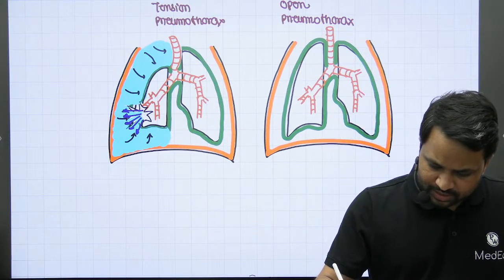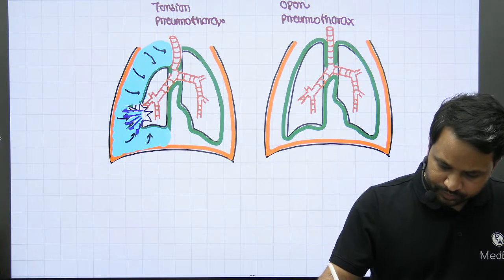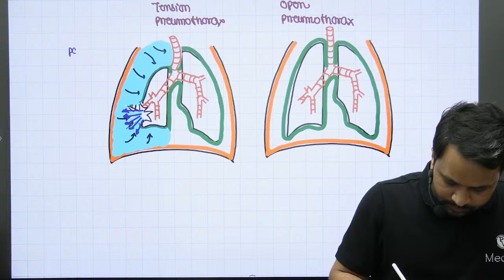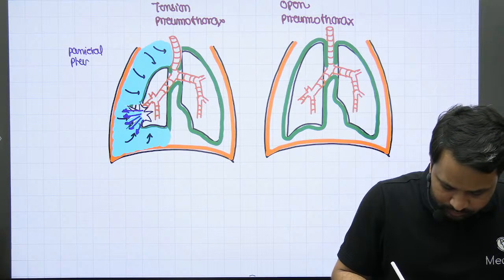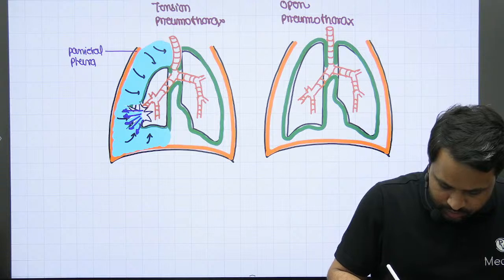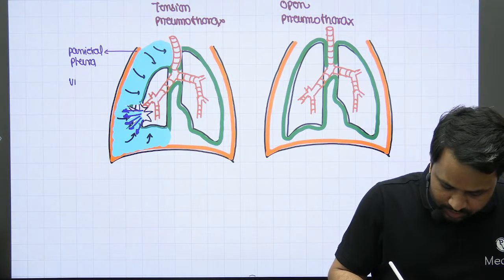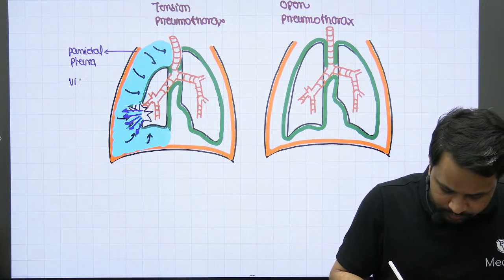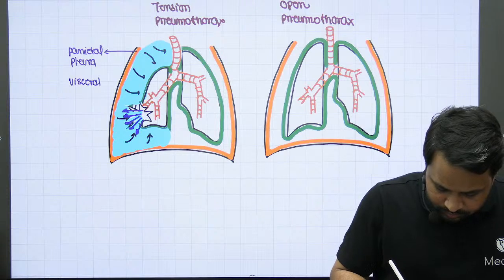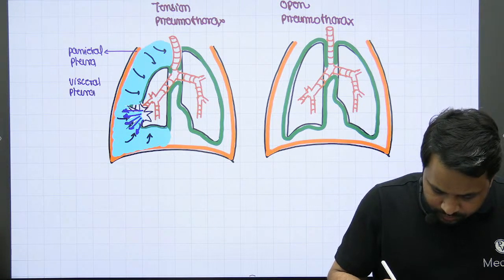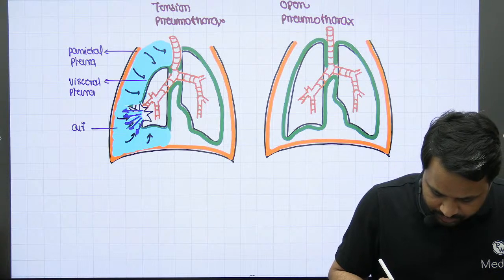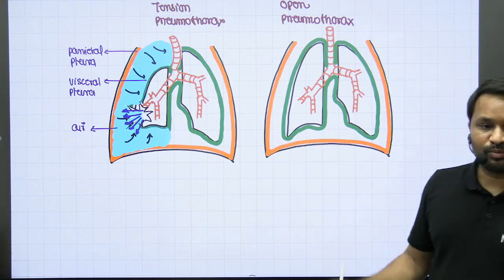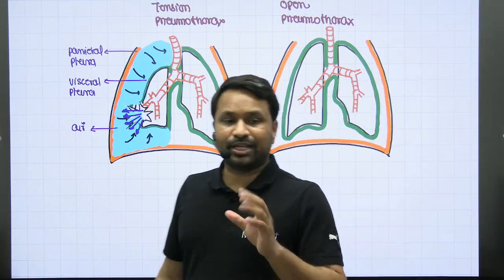Just for the sake of understanding, if I label it, this is your parietal pleura, the one I've given in orange. The green one is the visceral pleura. And the accumulated component is air. So parietal pleura, visceral pleura and air, this is your tension pneumothorax.